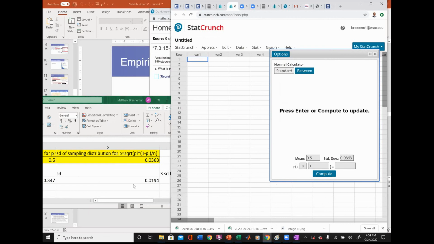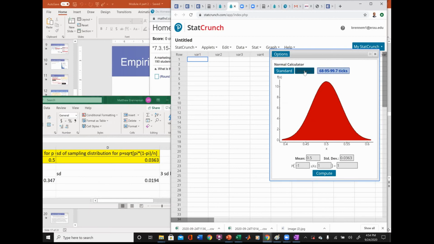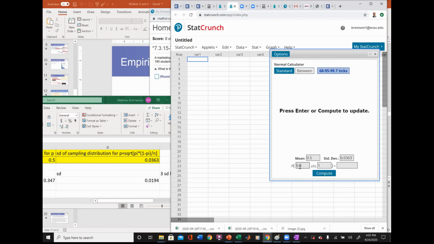And it wants the probability that you're between two values. So remember how we do that in StatCrunch, we click between. In my case, it wanted the probability that I'm between 50% and 55%. I'm going to type 0.5 and 0.55. Okay. And now I hit compute.